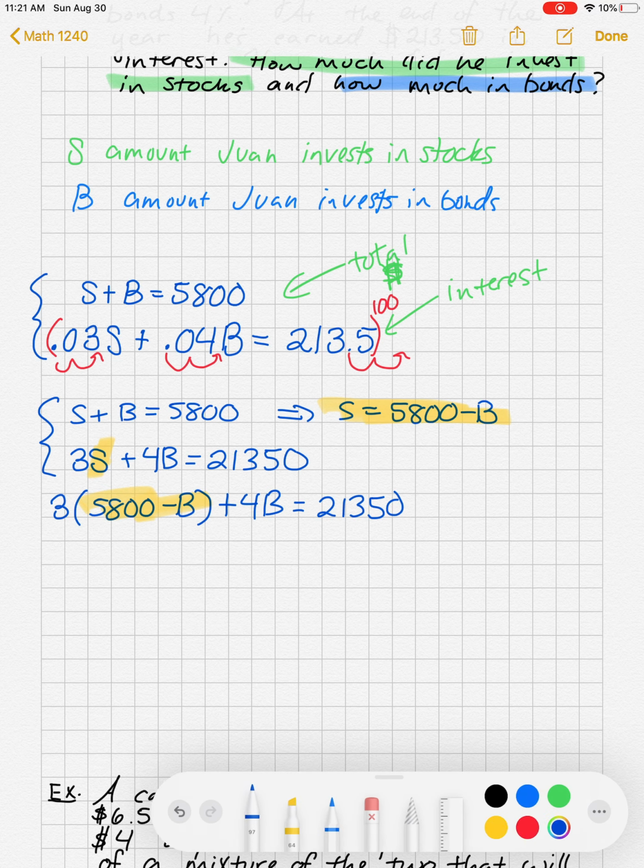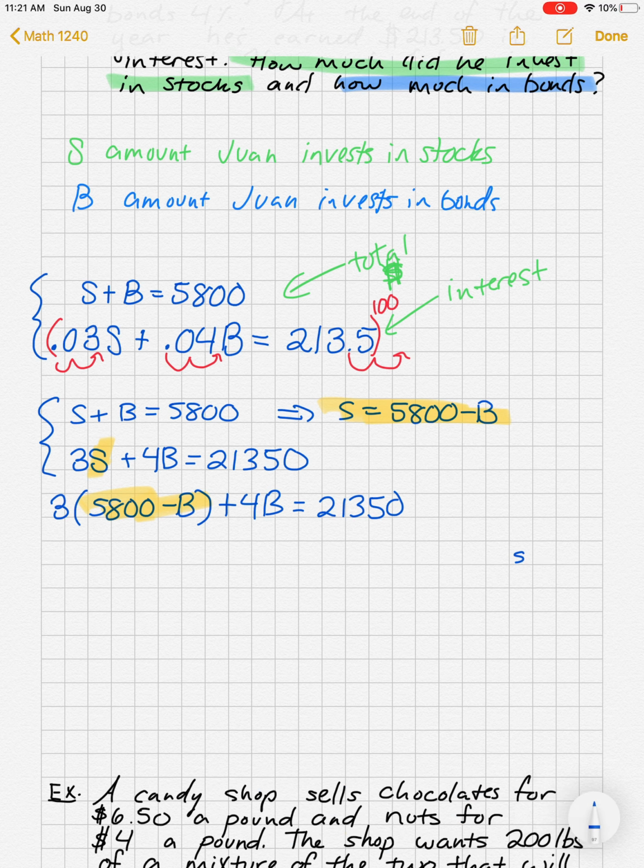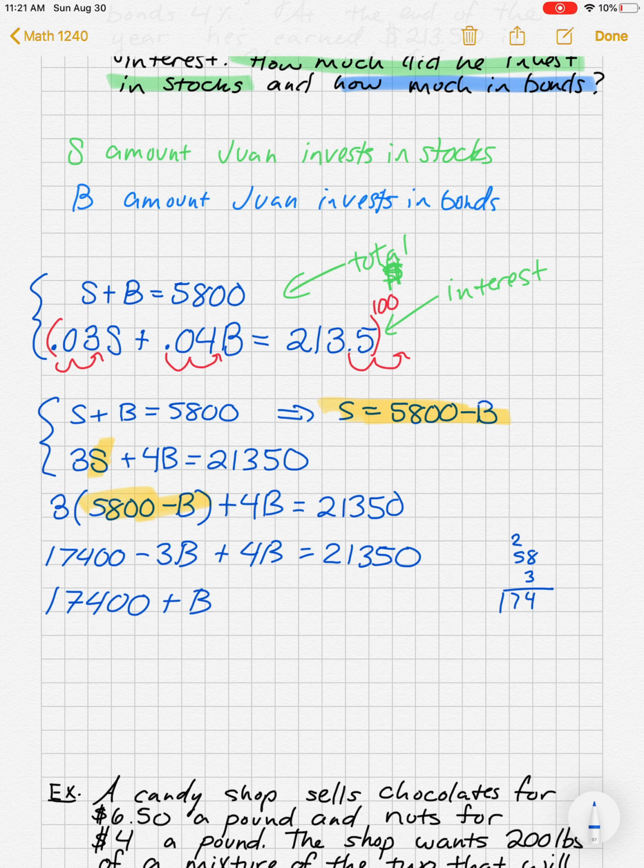Now I'll distribute. So that's 174, add 2 zeros. 3 times 6,000 would be almost 18,000. That seems good. Okay. Combine. Oh, that comes out nice. Just b.